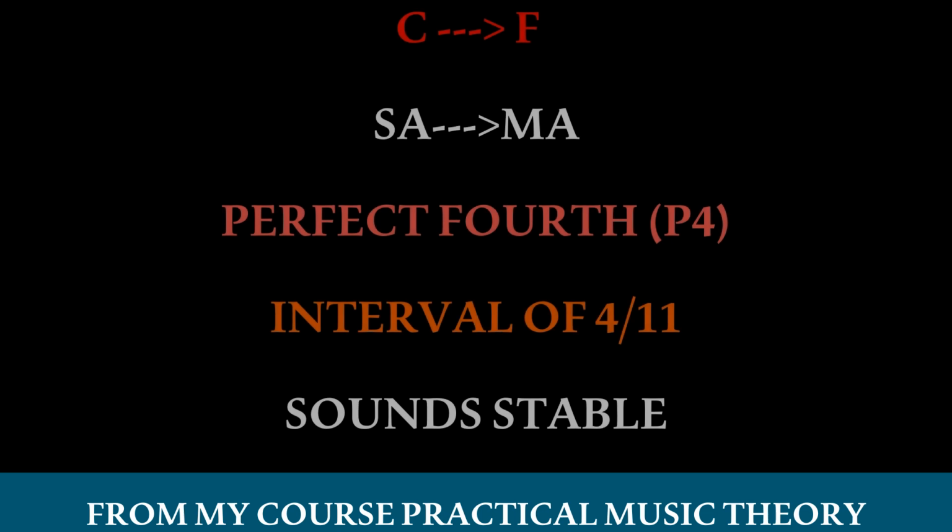Now coming to the next interval, which is the gap between the first and the fourth note of the C major scale. So from the C to the F or Sa to the Ma Shuddh Swars, this is known as the perfect fourth. This should ideally be called the major fourth, but it sounds so stable that it's called a perfect fourth and it's designated as capital P with a 4.